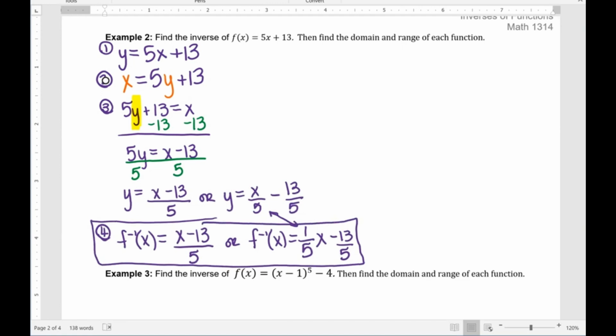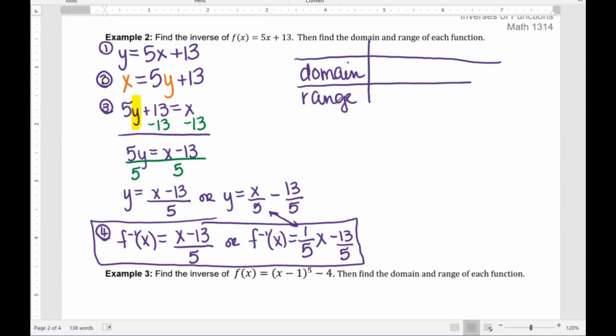When you're doing the domain and range of the functions, you may find it easier to keep your notes organized if we do a little chart. So we're going to have domain and range as some of our rows, and then f of x and f inverse of x.